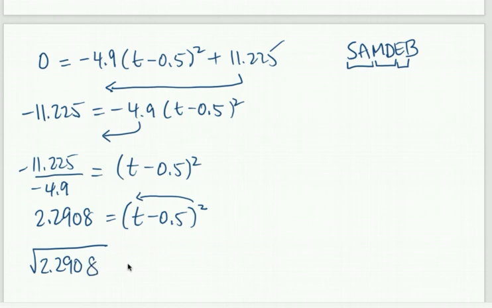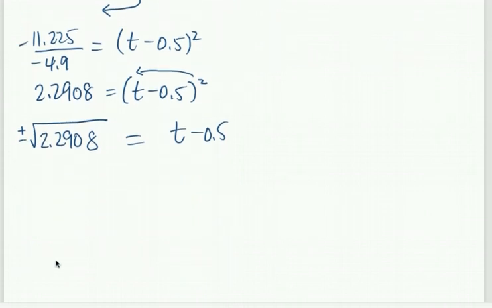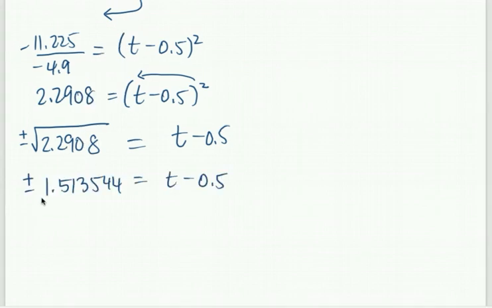Because you're in grade 10 now, you will write plus or minus whenever you square root. If we square root this value here, we'll end up with plus or minus 1.53544, etc.